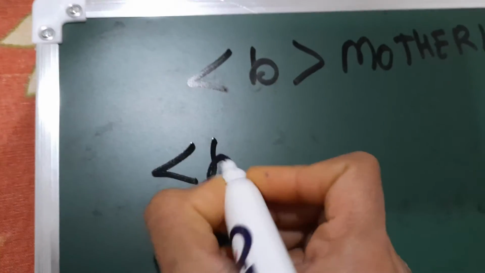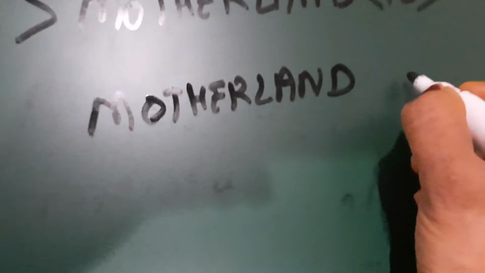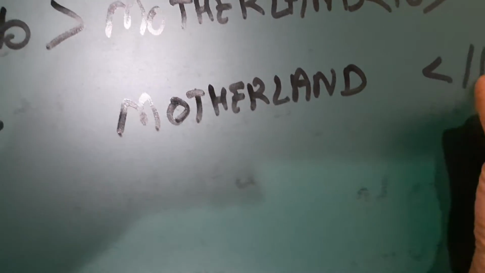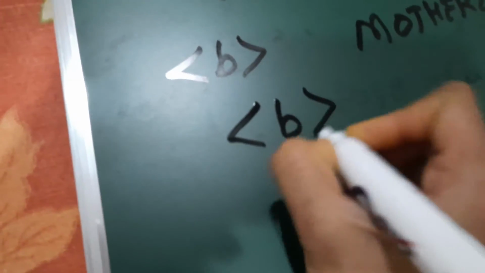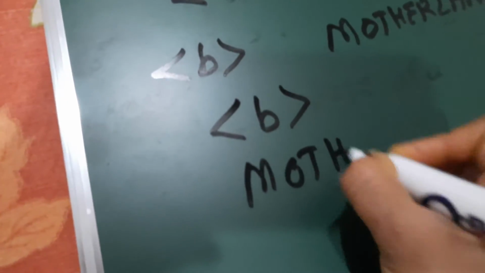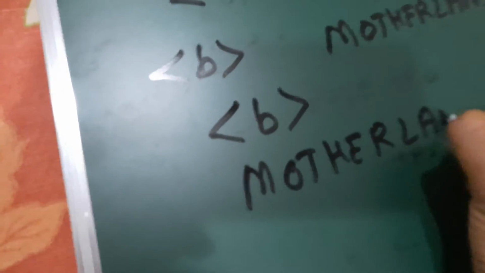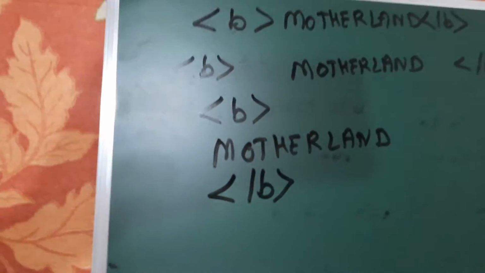Next, space is given, and bold is closed, so such a big space is given. And another way you can also write it: here you write bold, then you write motherland, and then you close this. These three ways you can write, there is no difference.